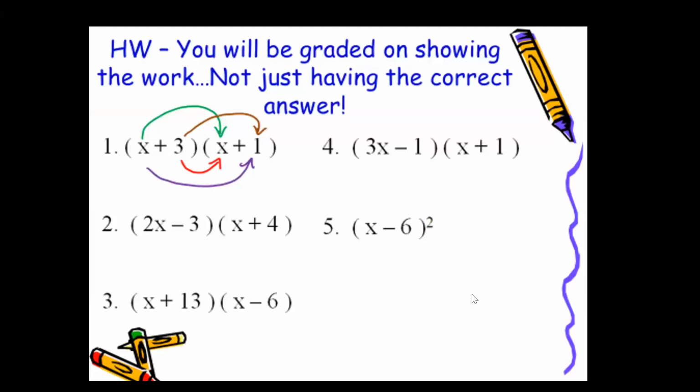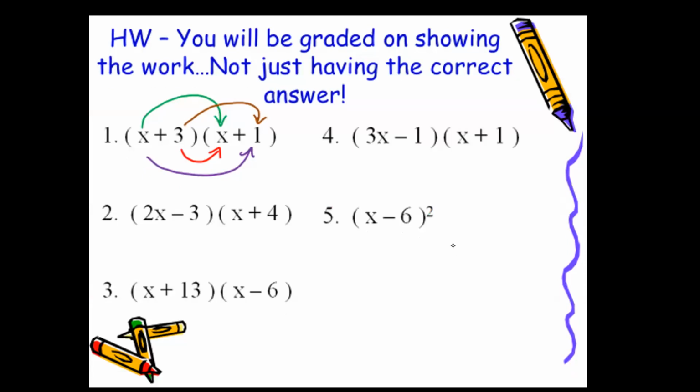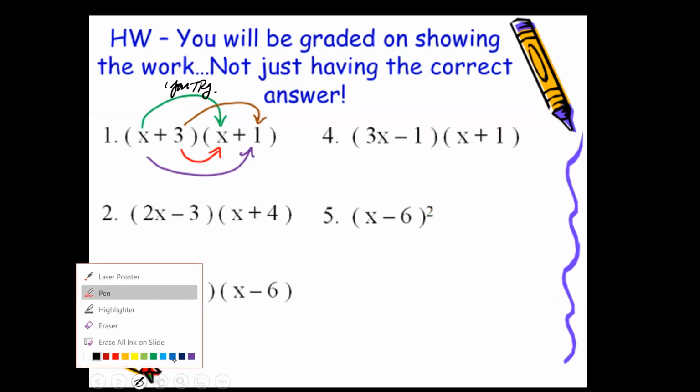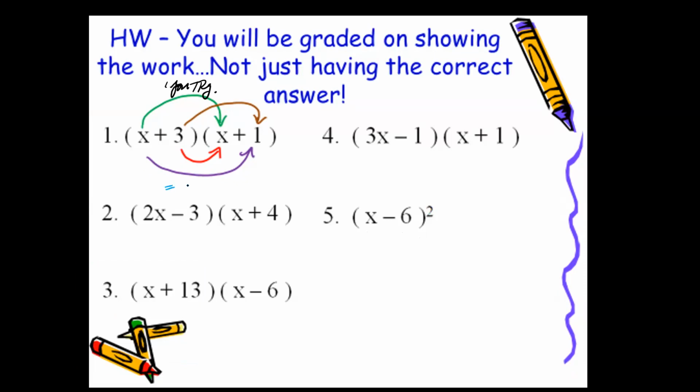All right, so let's go ahead and take a look at this. I'm going to have you guys try the first one. So go ahead and give it a try. Pause the video and do the FOIL. Your answer should be x squared plus 4x plus 3 at the very end.